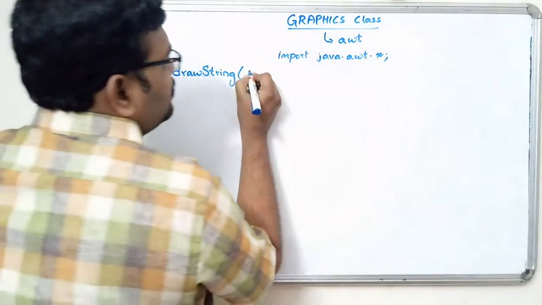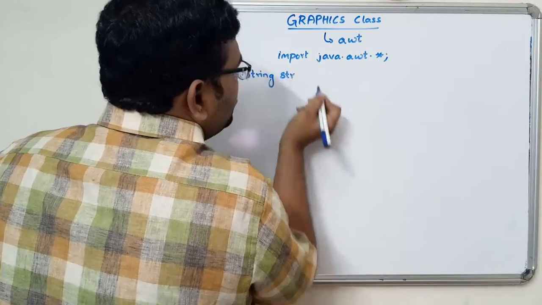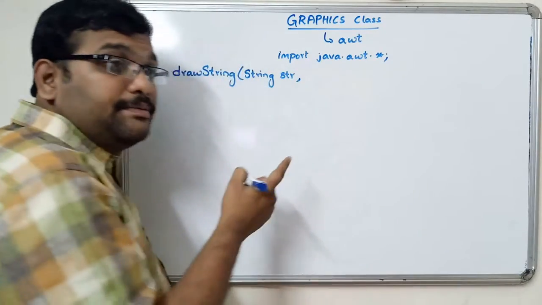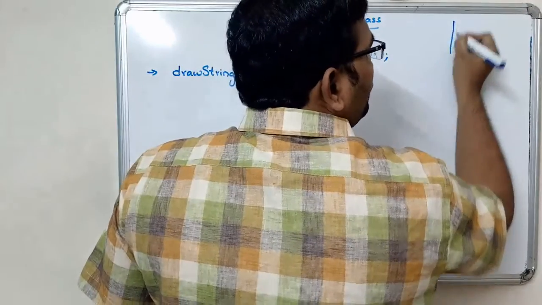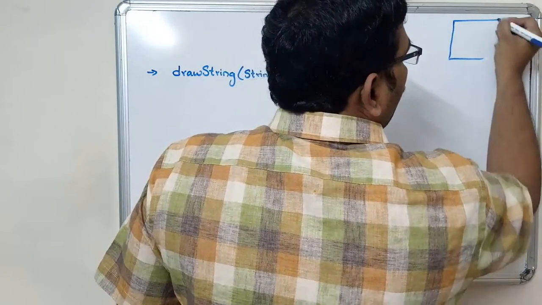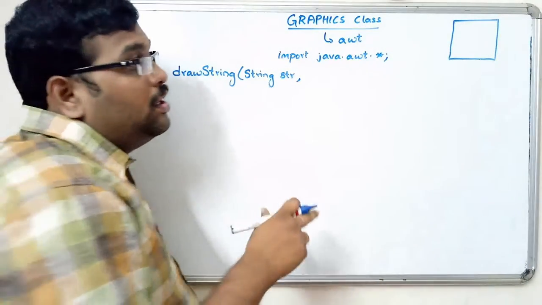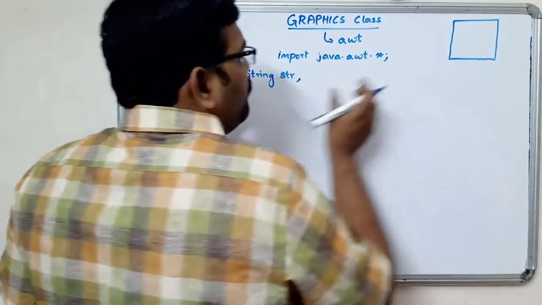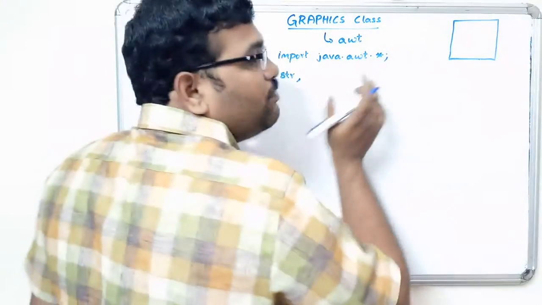One is the string which we want to be displayed on the applet. Next one is the coordinates. We are specifying some width and height in the applet code, so where in this applet we have to place this text, that means x and y coordinates.